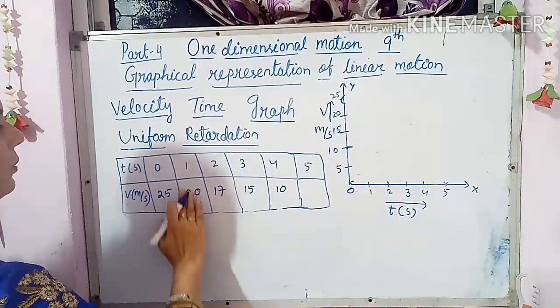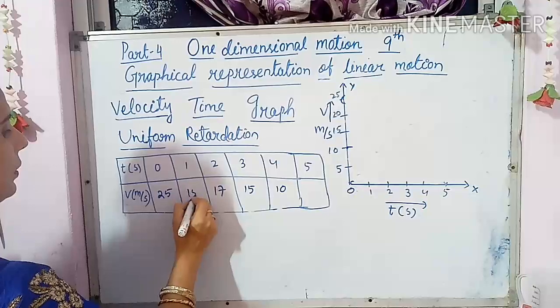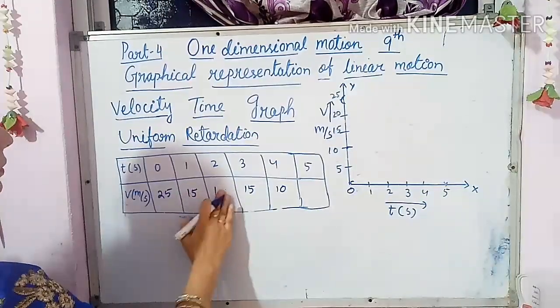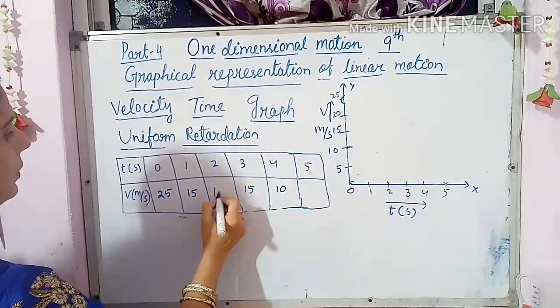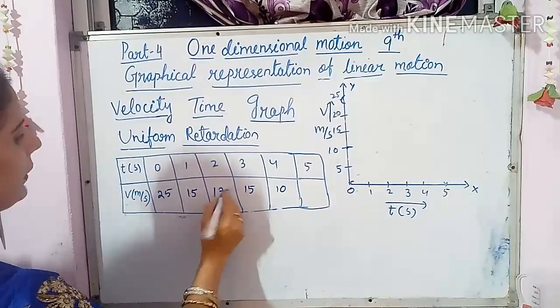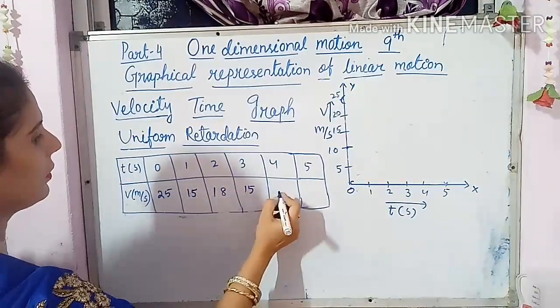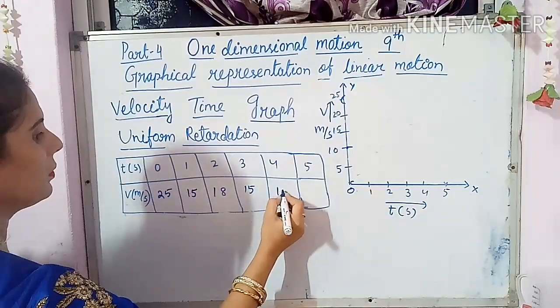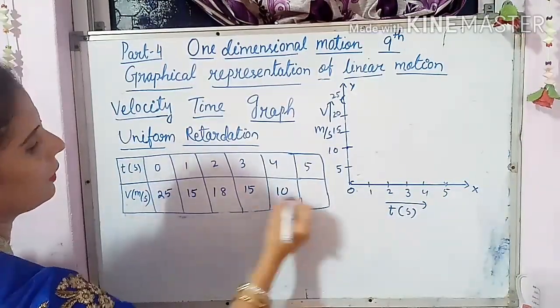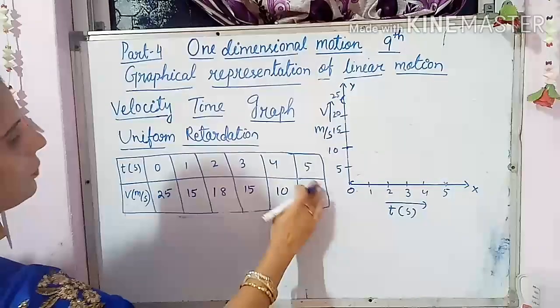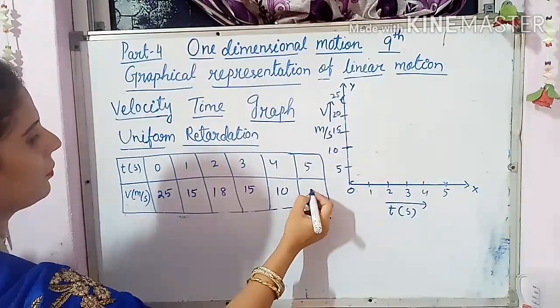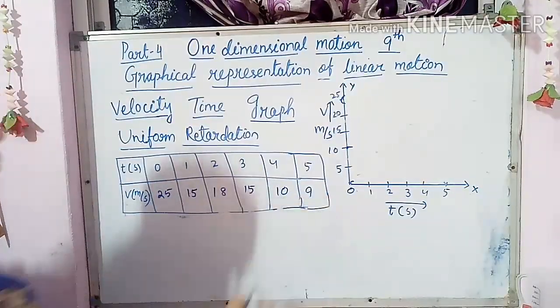I will do 15. Then after here it is 17, 18 we will do. Then after the 15, then 10. Then after it is 0. Suppose I will do 9.